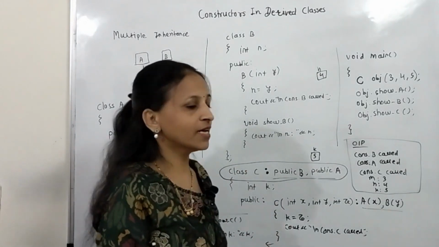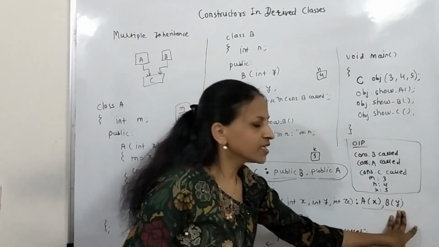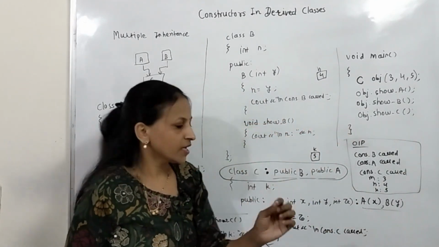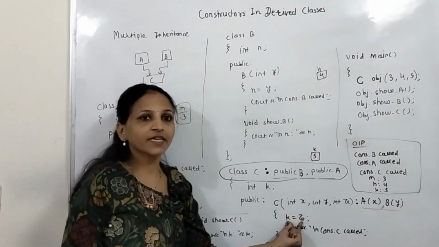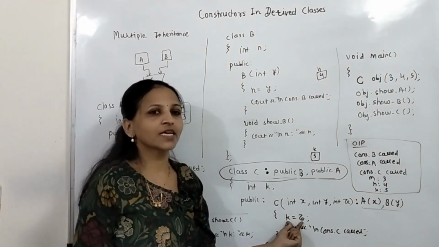One more point is there. See, here while calling constructors we are writing like this. In the same way, for initialization of data members, there is a different syntax. One more syntax to initialize.